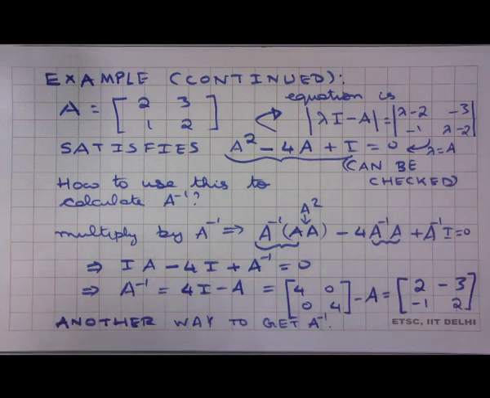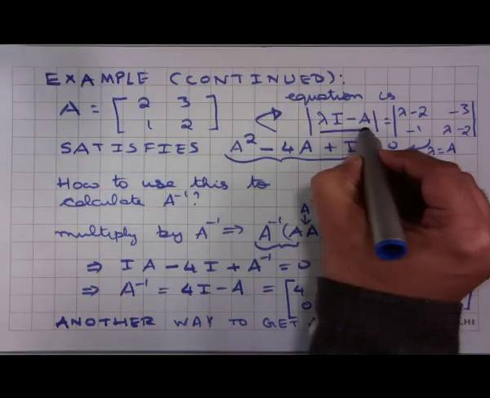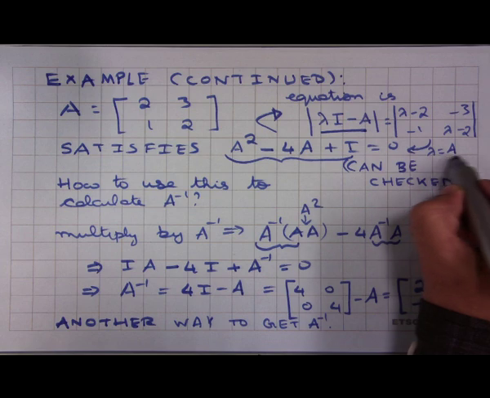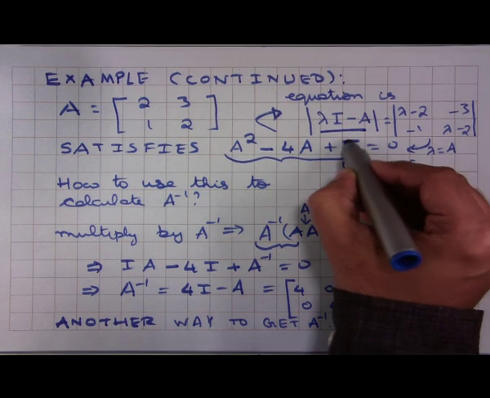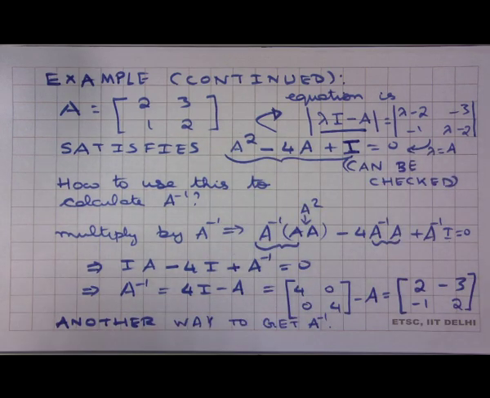This is not directly related to how determinants help in getting the inverse, but what we can check in general is that if we have any square matrix A, construct the matrix lambda I minus A, take the determinant and then replace lambda with A, and whatever 1 is there replace with identity, then we will find that the equation is satisfied by the matrix. That fact is also used in some other contexts.